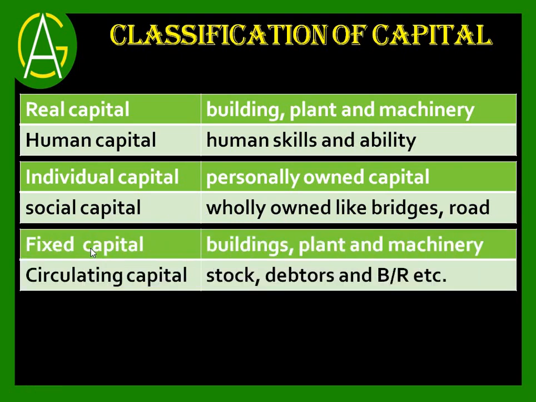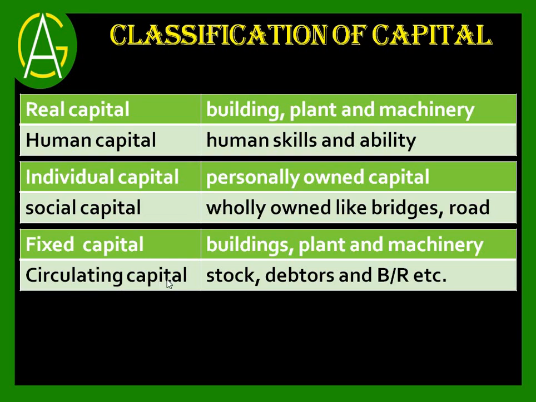Then comes fixed capital and circulating capital. Fixed capital means once the investment is made, it cannot be easily converted into cash. So the investment made in the buildings, plants and machinery cannot be easily converted into cash. That's why they are considered as fixed capital.